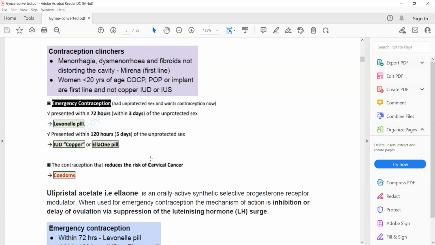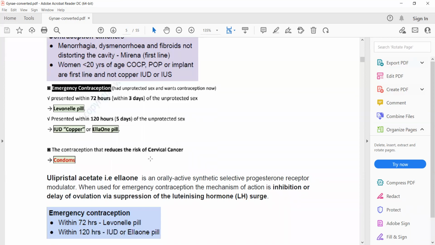What if the patient presents after 3 days, or within 5 days, or 120 hours? Then we have two options: the intrauterine copper device, IUCD, or the Ella1 pill. So after unprotected sex, if the patient presents within 3 days, then the Levonorgestrel pill will be our option. And if the patient presents within 5 days, then IUCD or Ella1 pill will be our option.